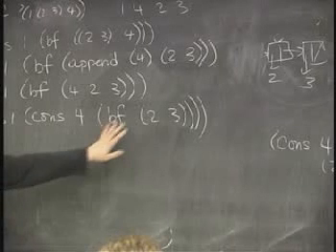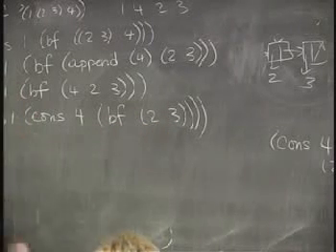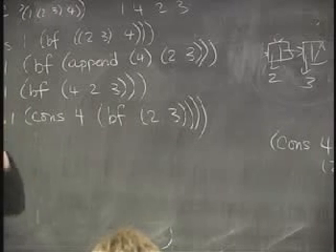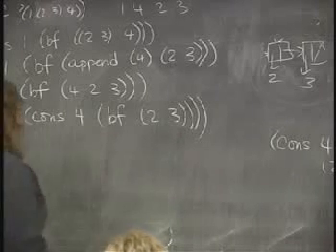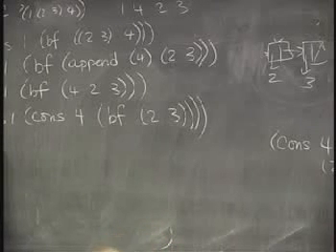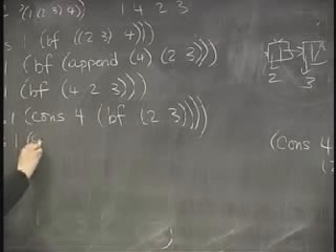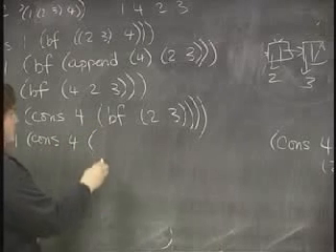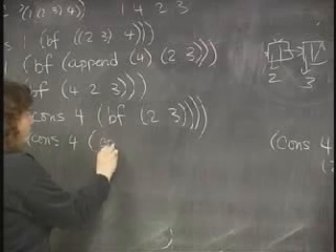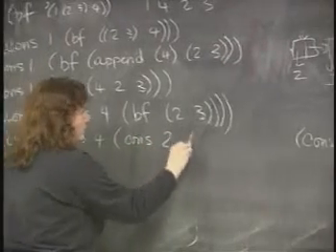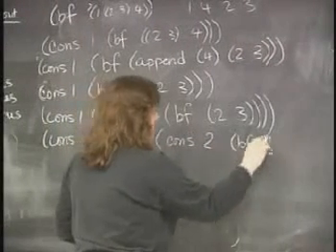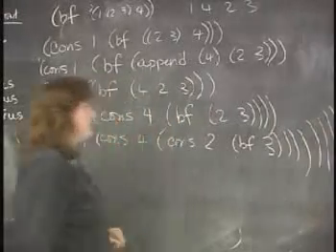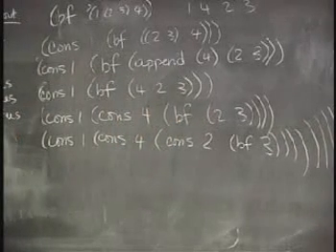Okay, breadth first 2, 3. Not null. Not an atom. Car is not a pair. So now we have cons 1, cons 4, 2, and some number of parens.